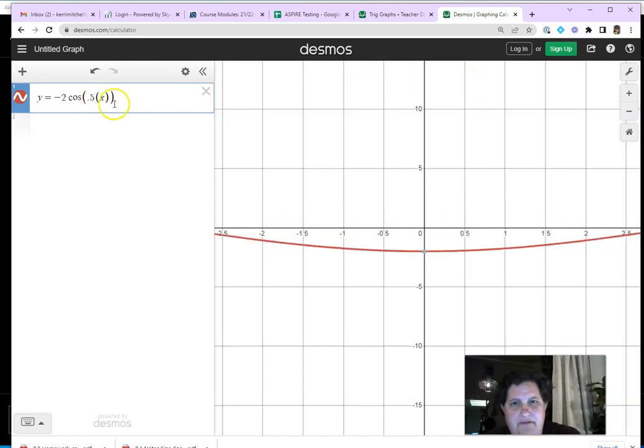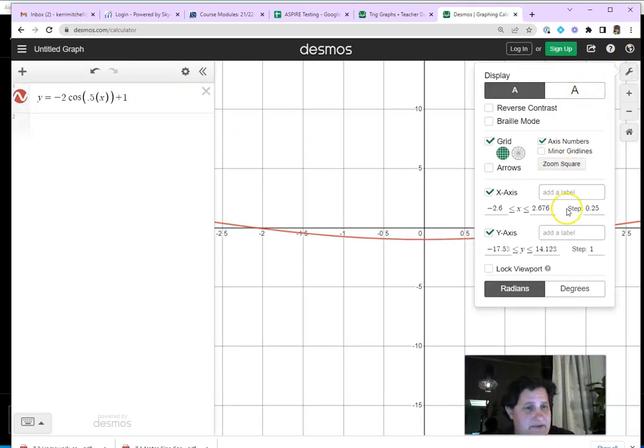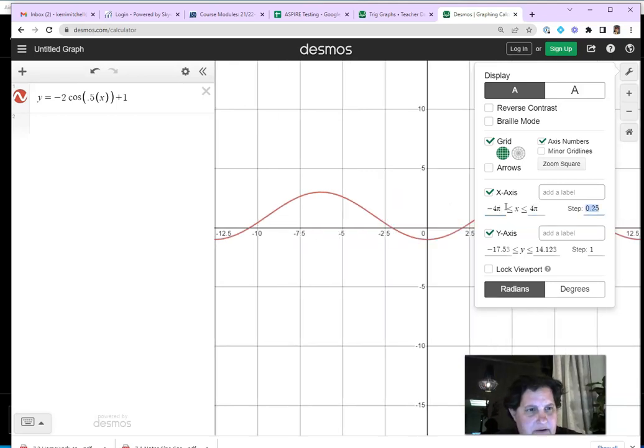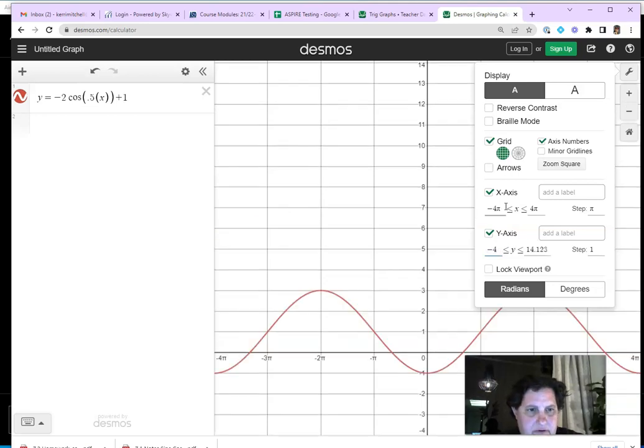I should use 0.5. Plus 1. Now, obviously this looks a lot different than what I had because my labeling is way different. This time I was going from -4 pi to 4 pi by pi. And then on my y-axis, I'll just go from -4 to 4.